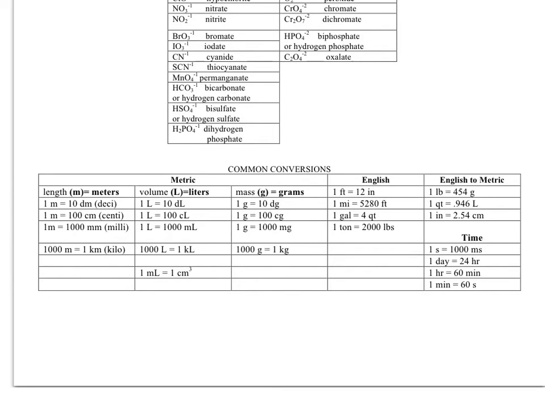Every once in a while, we're going to need in these problems to convert between English and metric units, so that's what this last column is for. And then at the very bottom of the last column, some time conversions, which you might already be familiar with, like 1 minute equals 60 seconds, right? Okay, so once you are familiar with that, we can go back to our slide.